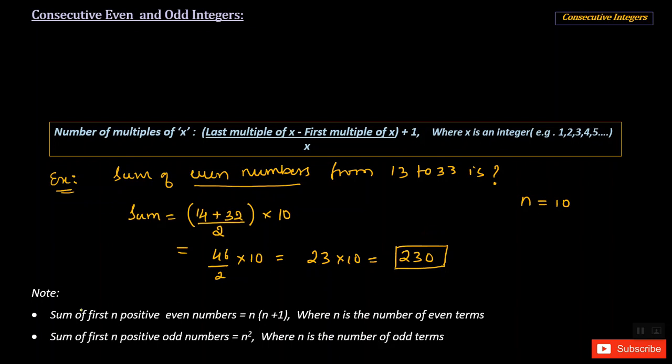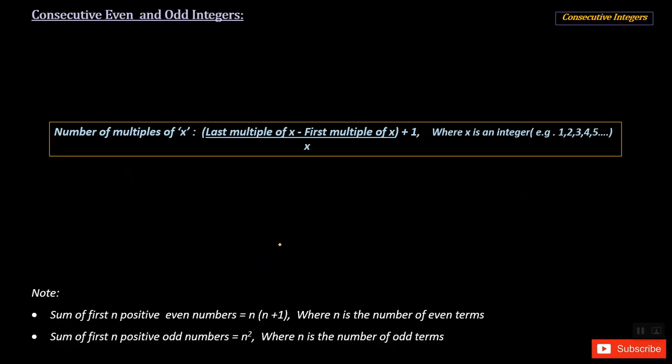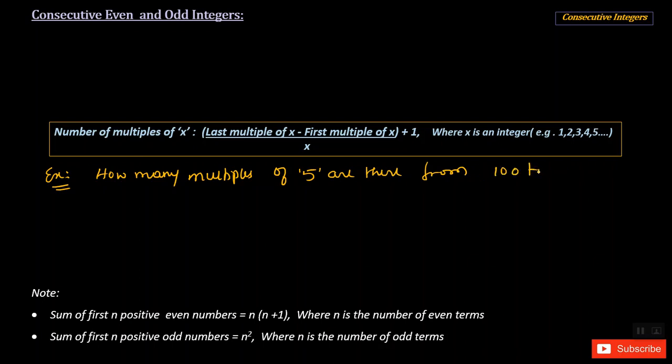All right. So let me take another example. If I ask you, let's take how many multiples of 5 are there from 100 to 200.